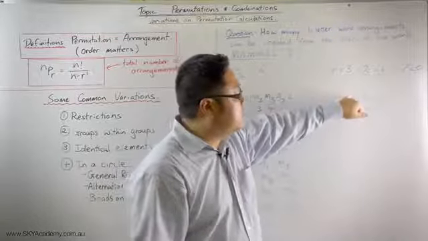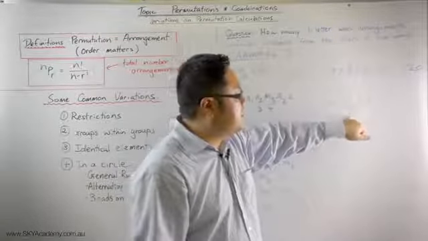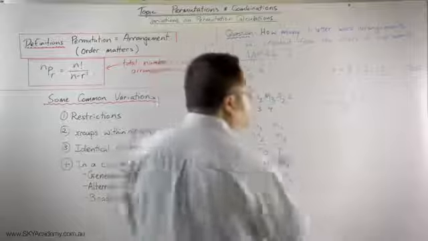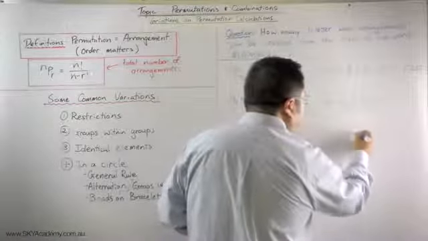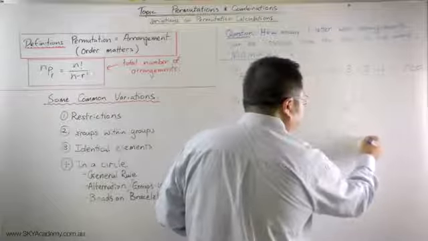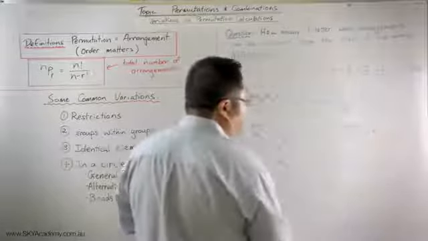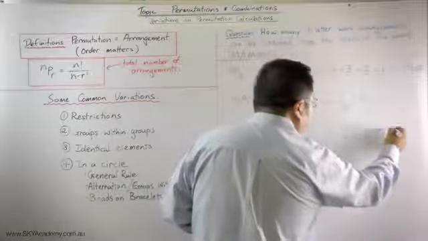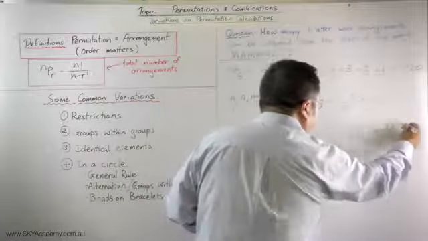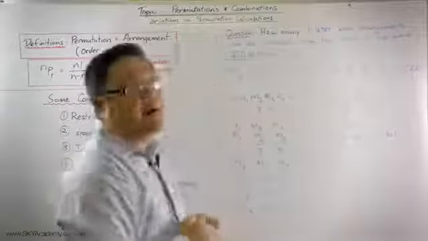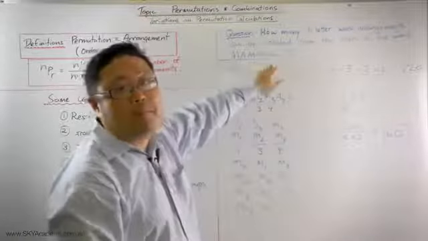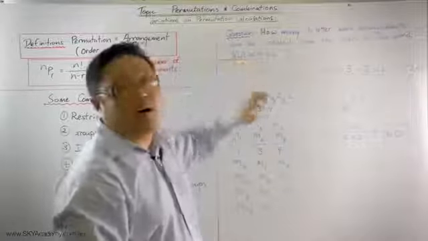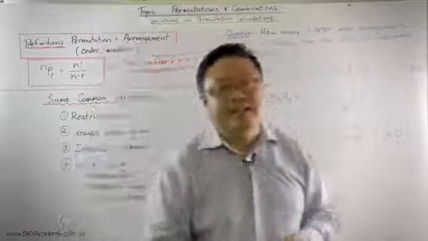Okay, so what you've got is 6 factorial divided by 3 factorial divided by 2 factorial, and that ends up being 720 over 6 times 2, which will give you 60. Okay, so that is your answer for the number of arrangements of the word mammal where your M's are identical and your A's are identical.